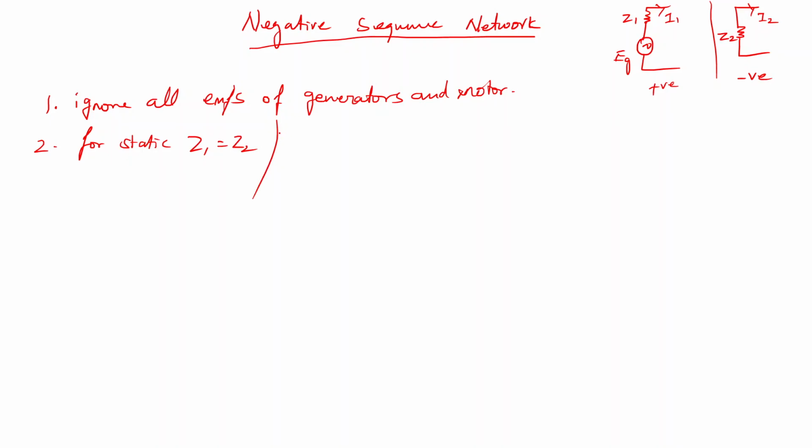For rotating machines, Z1 definitely needs to be modified to get Z2. How to modify, that we will see later. But you need to understand that for the negative sequence network, if it is a rotating part, then Z1 is not equal to Z2. That understanding is enough right now.